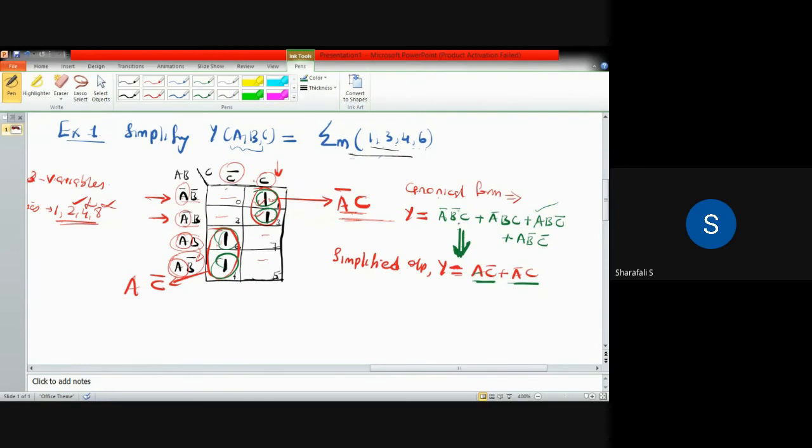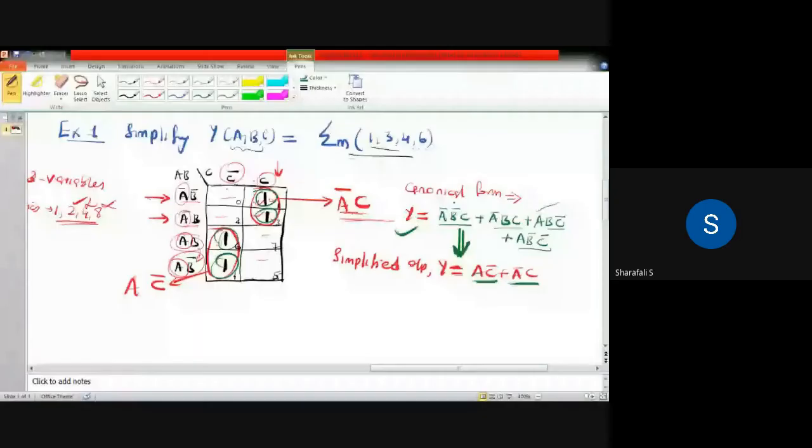Here we had a number of variables equal to 3 for this output. That has been reduced into a 2-variable output, which means that you need only 2 variables to achieve this particular output. You do not require the third. In that way, we can simplify the network.